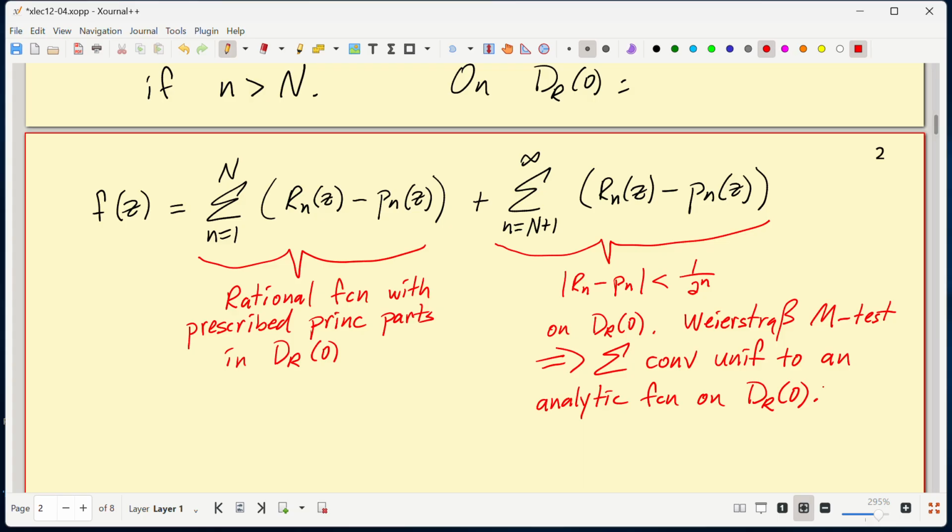Okay, so F is the principal part plus an analytic thing. Remember, that was the characterizing feature of a principal part. When you subtract off the principal part locally, what's left is an analytic function.